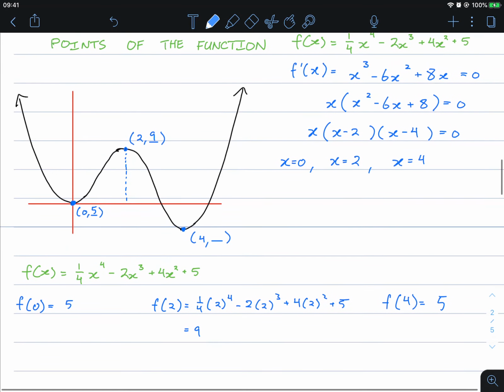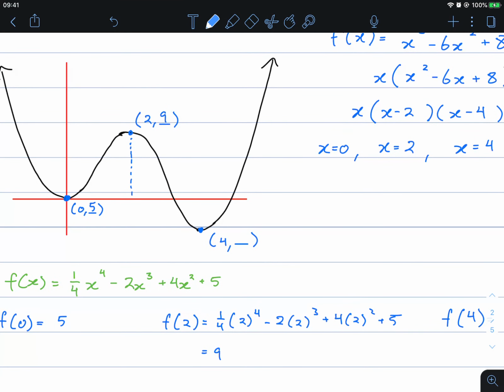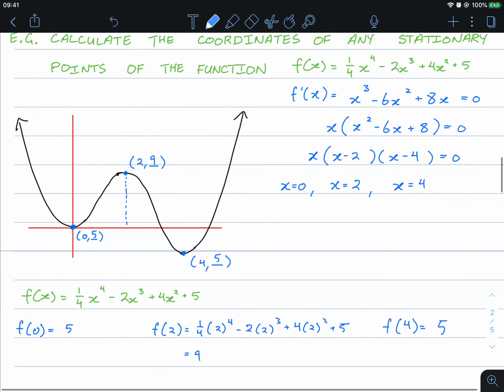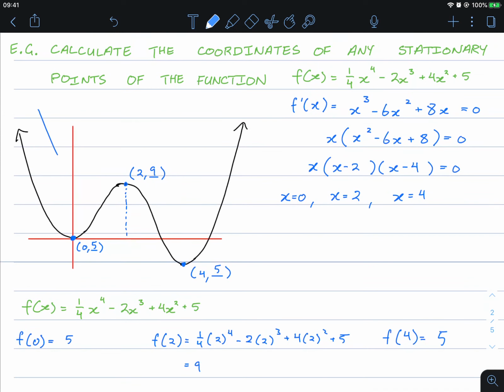Once again, just hope you can understand that this function is not accurate, because apparently that is 4, 5. So the graph of this should actually look something like where this point here is 0, 5, that is 2, 9, that there is 4, 5.